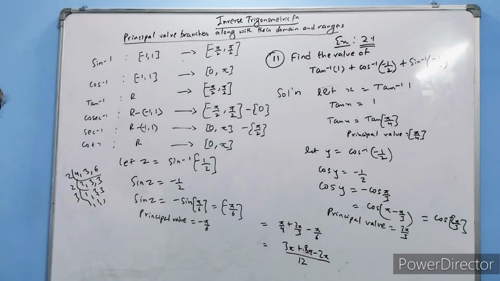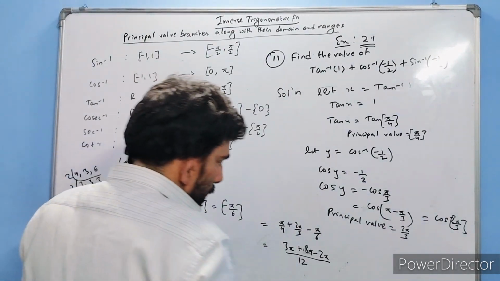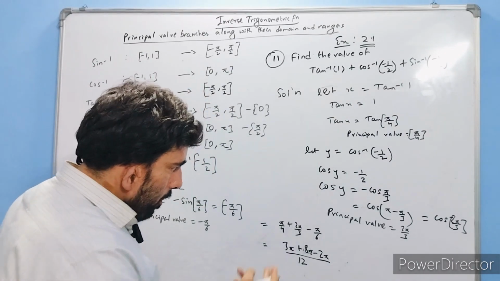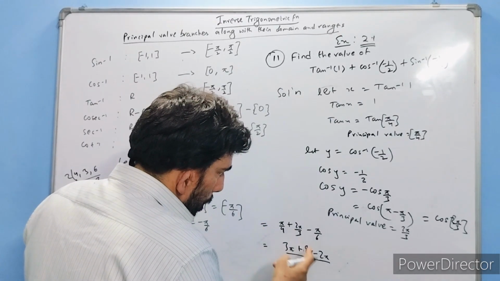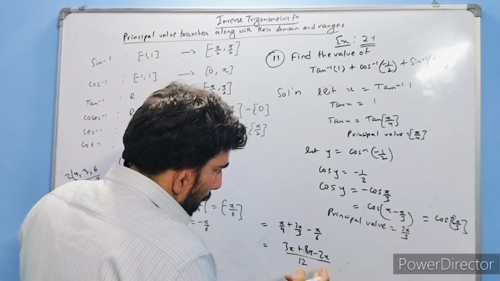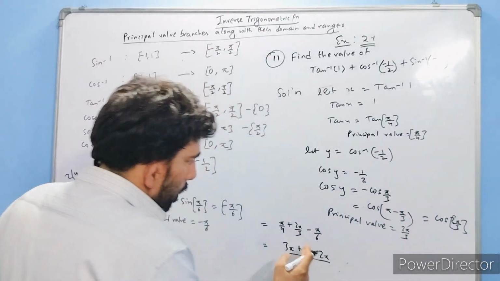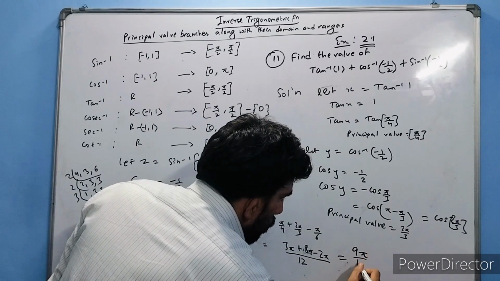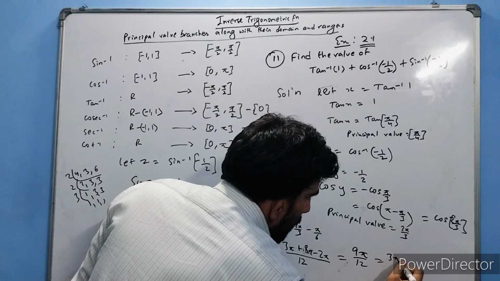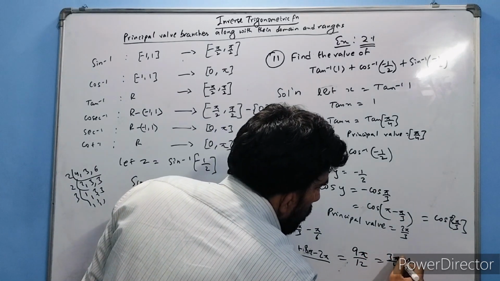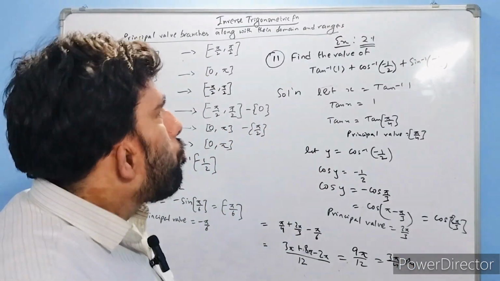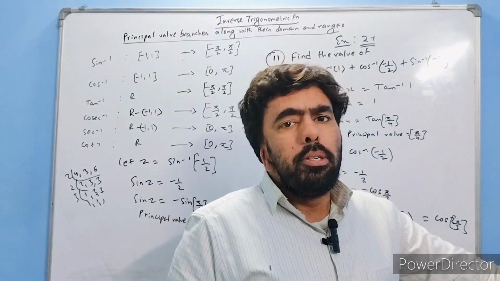I hope I have taken the correct LCM, so let us check again. 3 pi plus 8 pi minus 2 pi: 8 plus 3 is 11, minus 2 is 9. We got 9 pi upon 12, so I got 3 pi upon 4. That is my answer. That is how we are able to find the value of this.